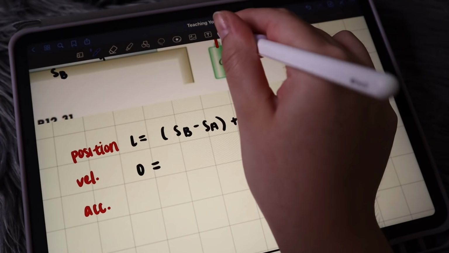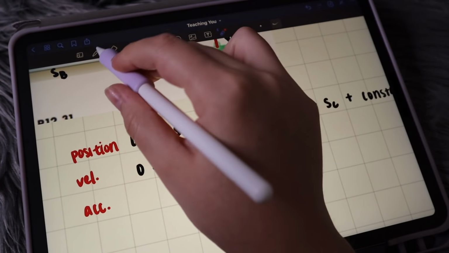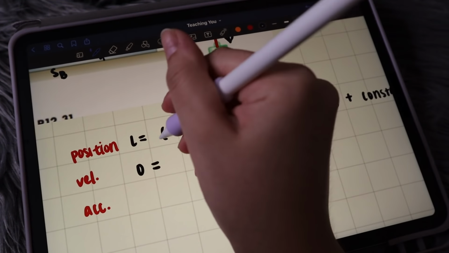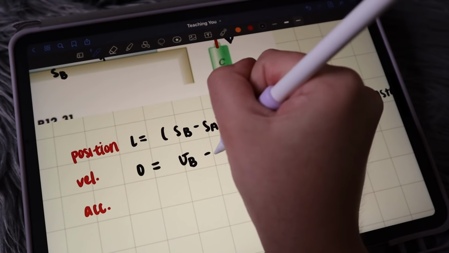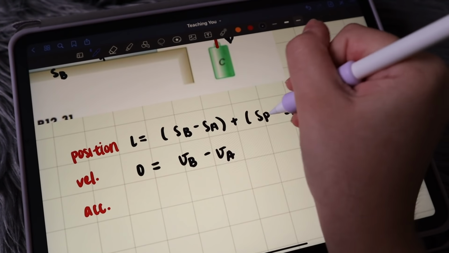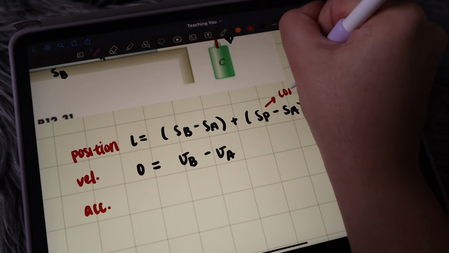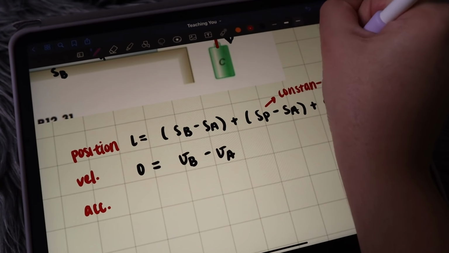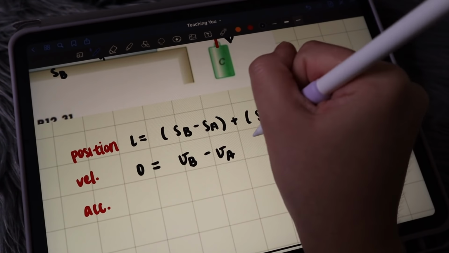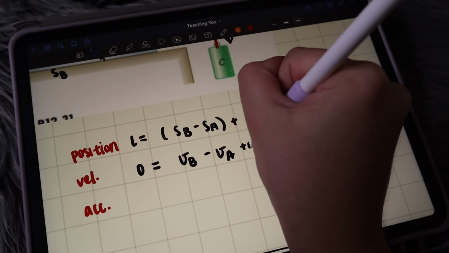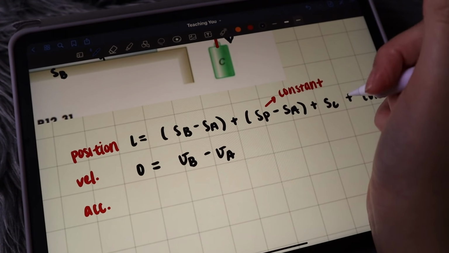Okay, so now when you take the derivative of all of these s's right here, you're going to get v and then the corresponding letter. So right here we're going to get vb minus va. And then we did say that this is a constant, so that's going to be 0. So we don't have to include it, or you can write plus 0 if you want, but I'll just leave it out.